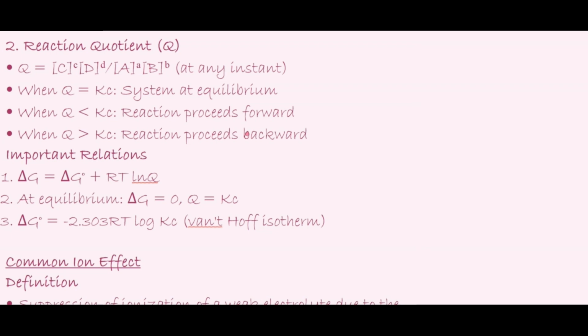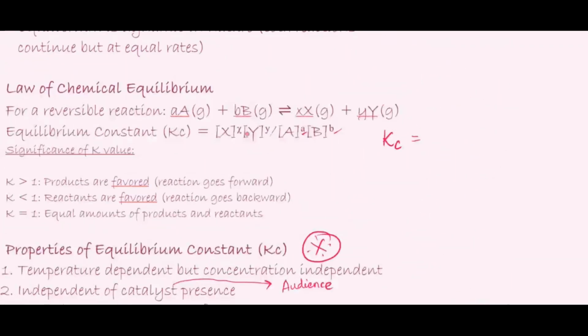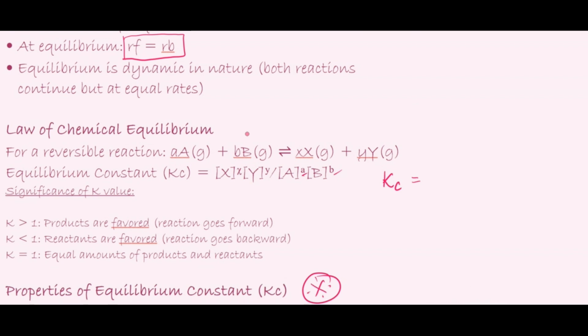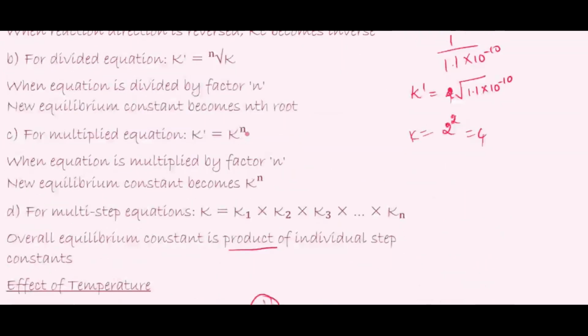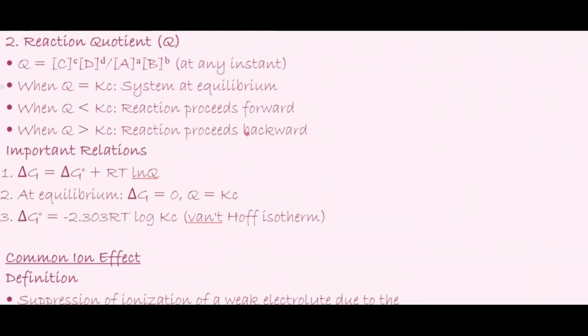For Kc, you can see the formula is the concentration of the products raised to the power of its coefficient, and reactants raised to the power of its coefficient. Here it deals with again product by reactant raised to the power of its coefficient.